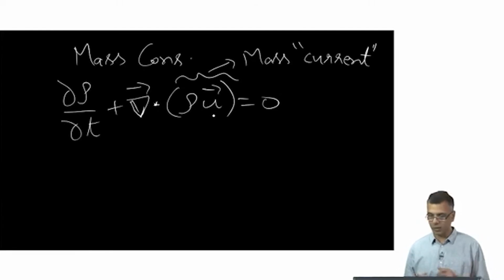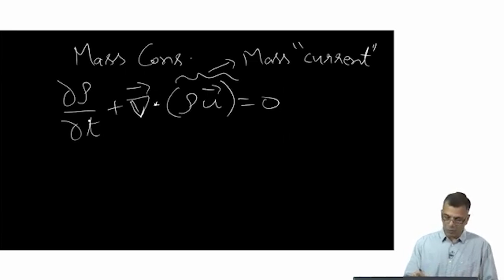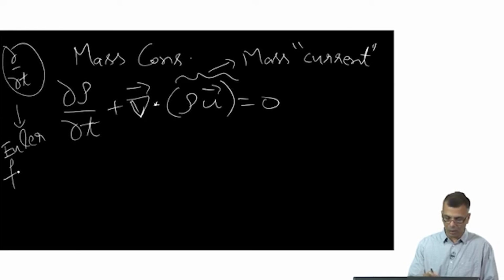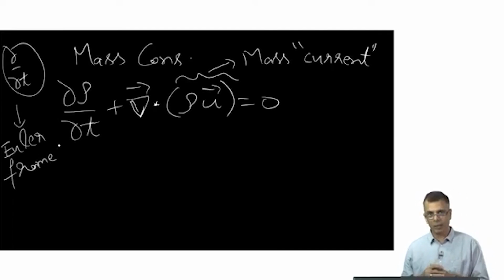This is the very same concept. So one thing to keep in mind, of course, is this d over dt is in the Eulerian frame, the frame of the person who's sitting in the lab and watching stuff go by, right?